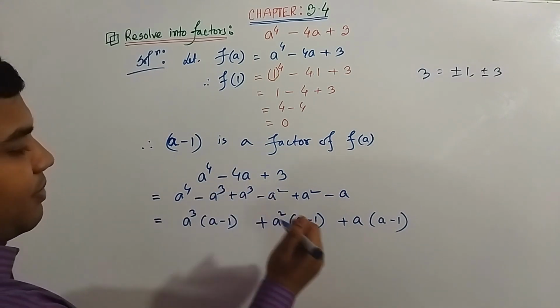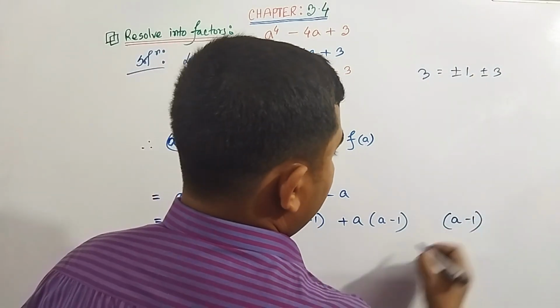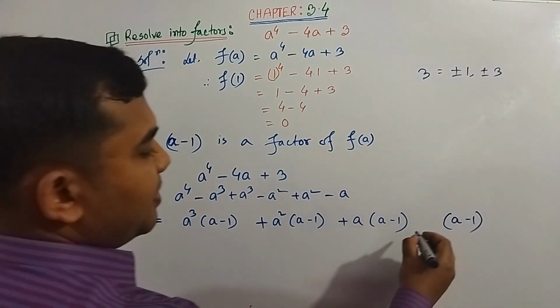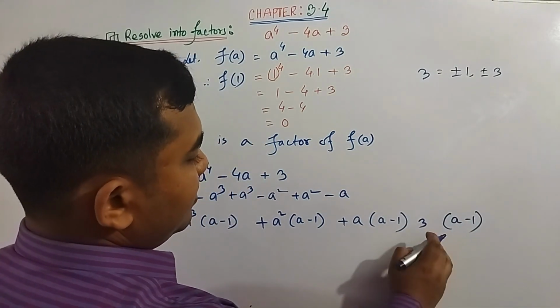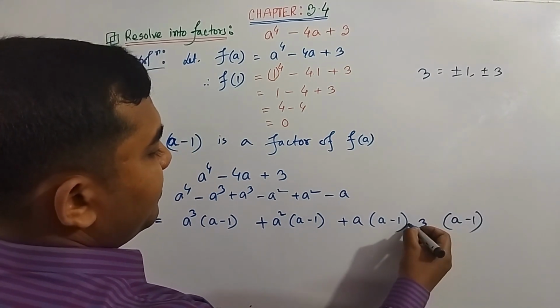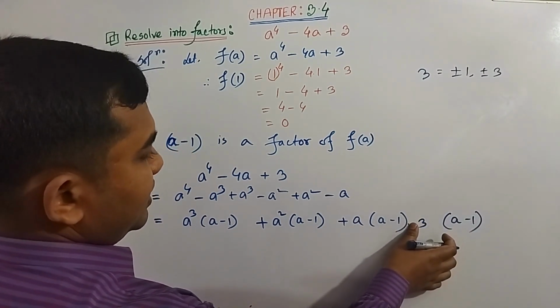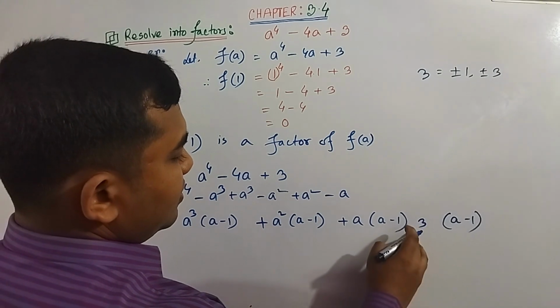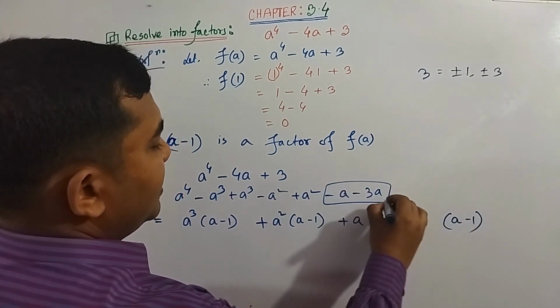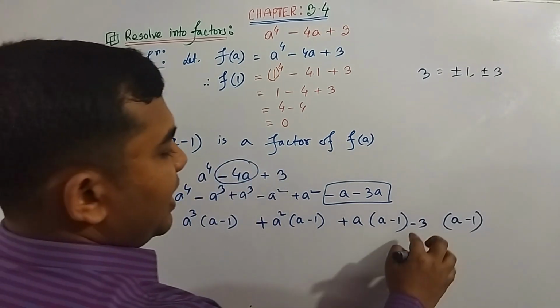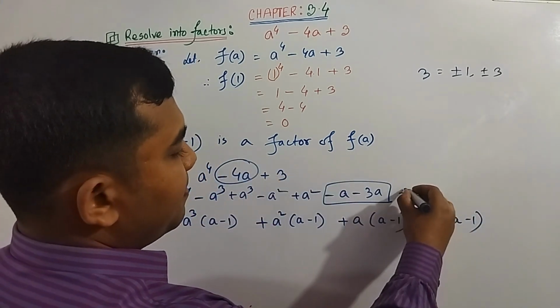For making minus 4a, we'll get another a minus 1, and if we multiply here by 3, then we'll get 3 into a. We need minus, because minus 3 into a will be minus 3a. So by this we get minus 4a, and minus 3 into minus 1 will be plus 3.